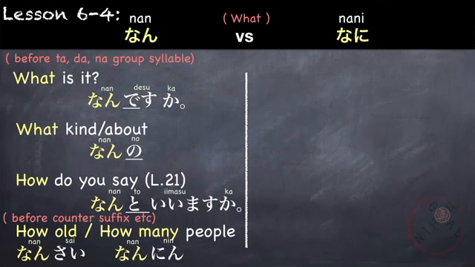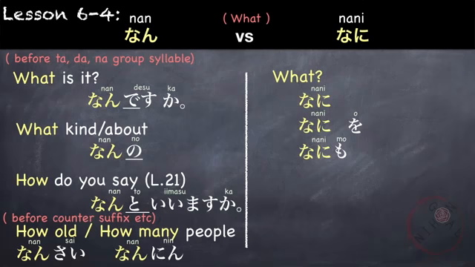Next is the word nani or what. If you want to say just the word what, for example, what? or what?, you say nani. So just change the intonation. Nani is also used before the particle o, nani o, and nani mo.